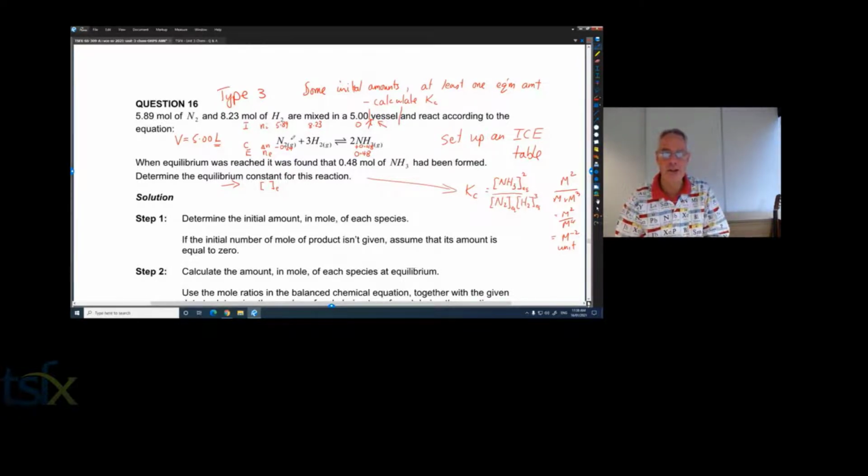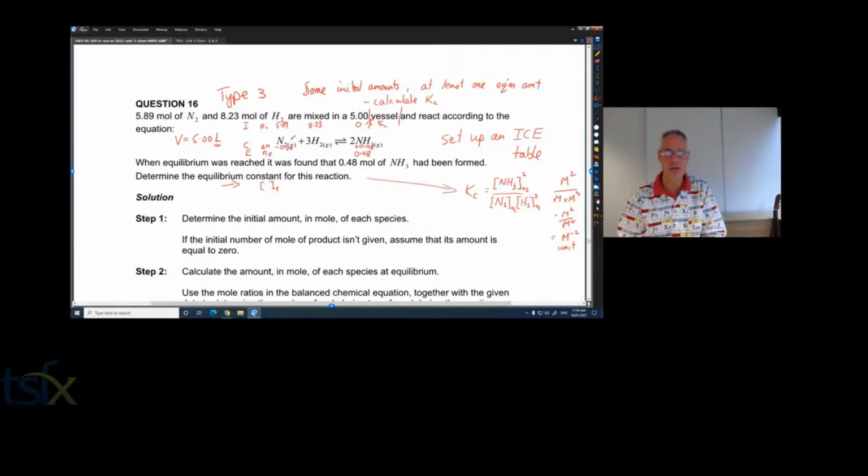The nitrogen must have gone down by half as much because you only use up 1 mole of N2 to make 2 mole of NH3. If you were making 1 mole of NH3, you'd have used up half a mole of N2. Say that again, I paused. To make 1 mole of NH3, I would only need half a mole of N2. To make 0.48 mole of NH3, I'll need to have used up 0.24 mole. See why it's a change? It's gone down by 0.24.